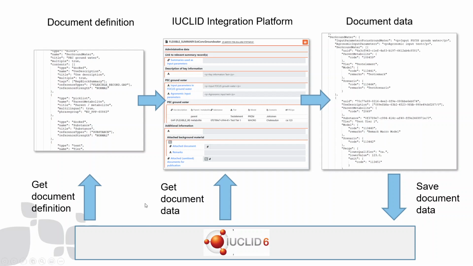So then we can edit our data here. I'll show you that in a second. Save it, and then the document data is saved back to IUCLID in the required technical JSON format.